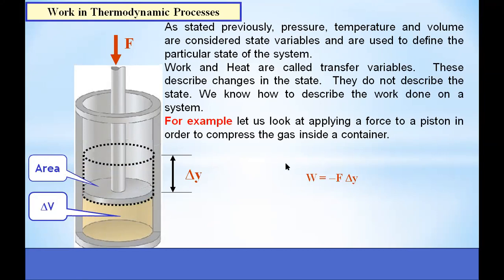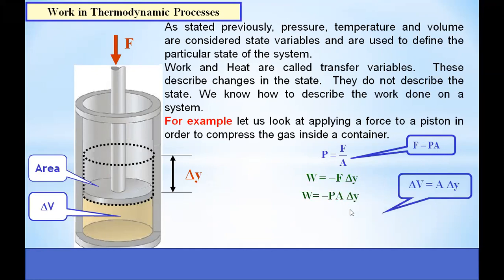We know that the work equals minus F times delta y. But we also know that the pressure equals the force over the area. This means the force equals the pressure times the area, and we substitute F in the work. So the work equals minus the pressure times the area times delta y. We know that A times delta y, this is the area and this is delta y, so delta V is the area A times delta y. As a result, the work equals minus P times delta V. Okay.